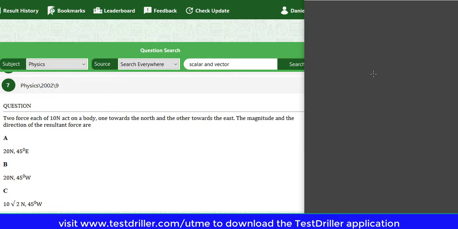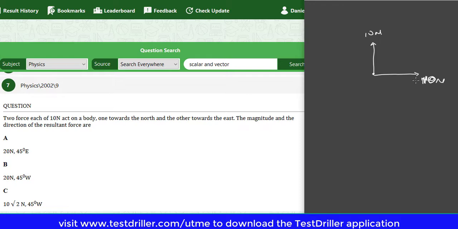So let's imagine this point represents the body, right? One of them is towards the north and it's 10 Newton, and the other is towards the east and is also 10 Newton.